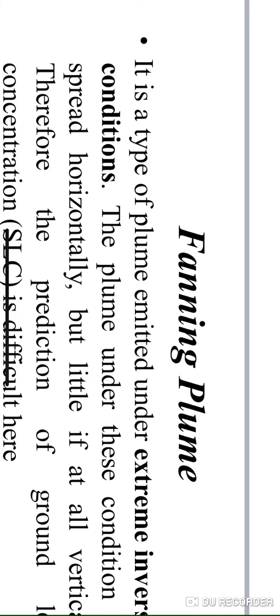What is meant by inversion condition? That I will tell you first. You might have heard about the lapse rate and altitude. Still I will explain it. Altitude is nothing but the height from the ground surface towards the atmosphere.